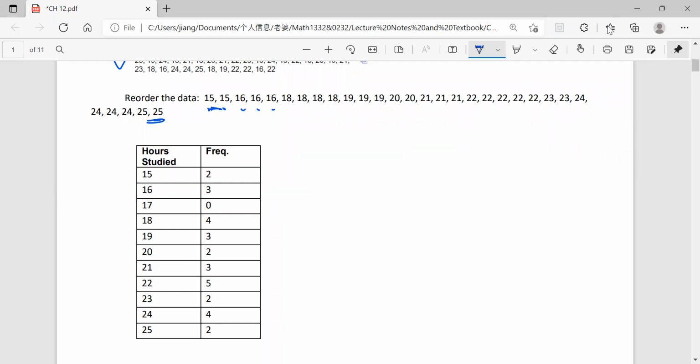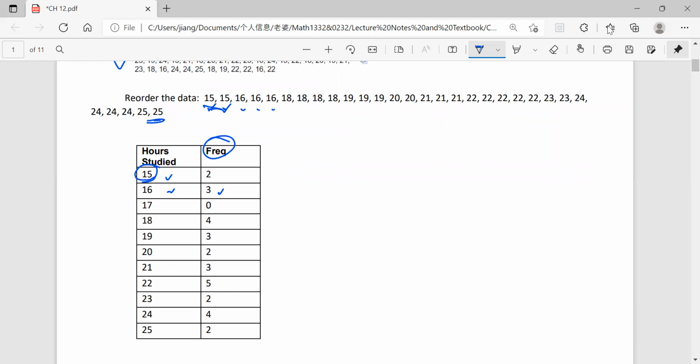So the students who studied 15 hours. The second column we call the frequency. Frequency means how many times this data appears. So for the 15, it appears twice because two students said they studied 15 hours last week on homework. And next one, 16 hours. So three students, the frequency should be 3.